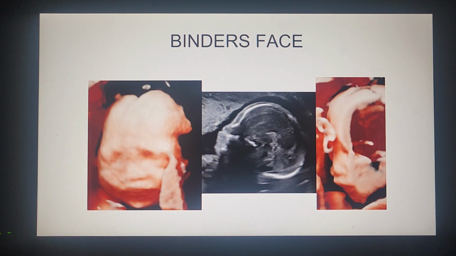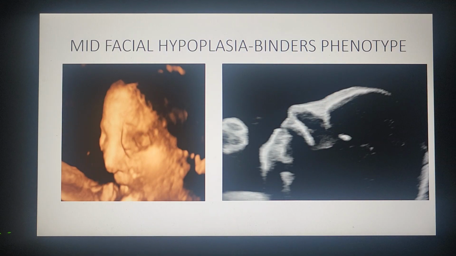Another case of binders where whatever we learnt just now is demonstrated in a mid-sagittal view and in the 3D. So these are different cases of binders which one usually encounters on an average one a month or so.